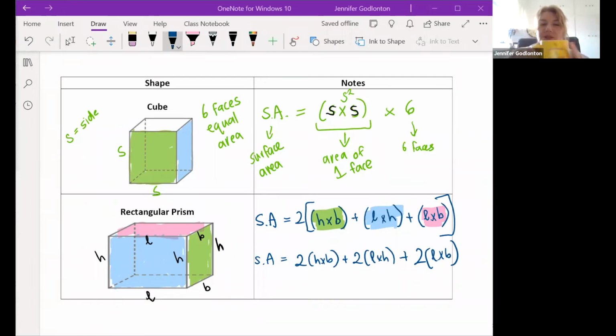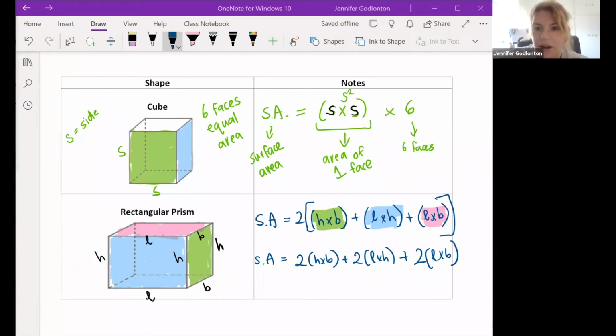So my surface area would actually just be around the curve and the bottom. But if it was a cylinder and they asked for the total surface area, it would also include the top. So sometimes it's a sneaky thing that they use with words, but for the most part, I'd say 98% of the time, if they're asking for surface area and total surface area, they mean the same thing.